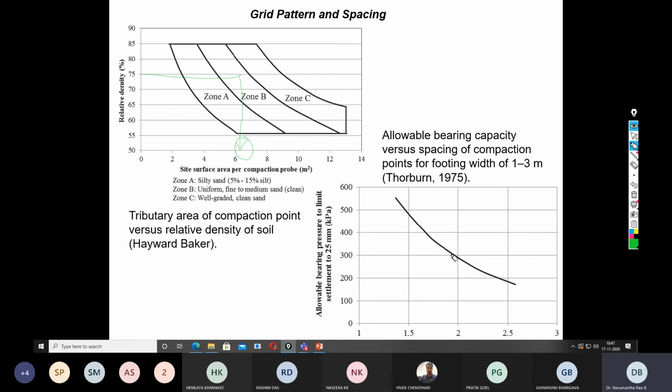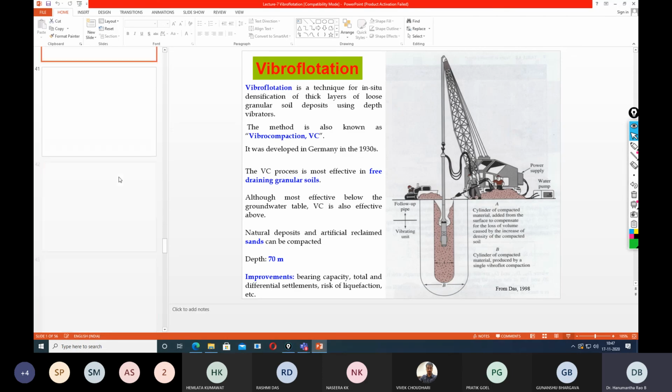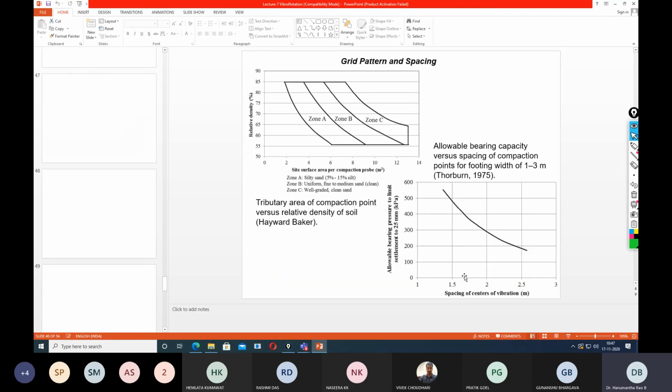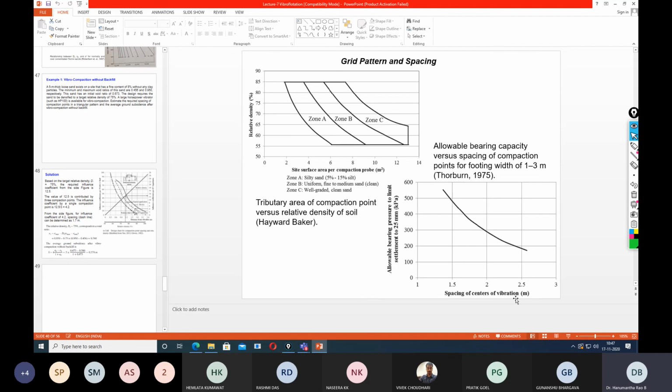There is another graph that is proposed by Thorburn. This is a relationship between allowable bearing pressure to limit settlement to 25 millimeter versus, what is the x-axis? This is spacing at the center of the vibration.